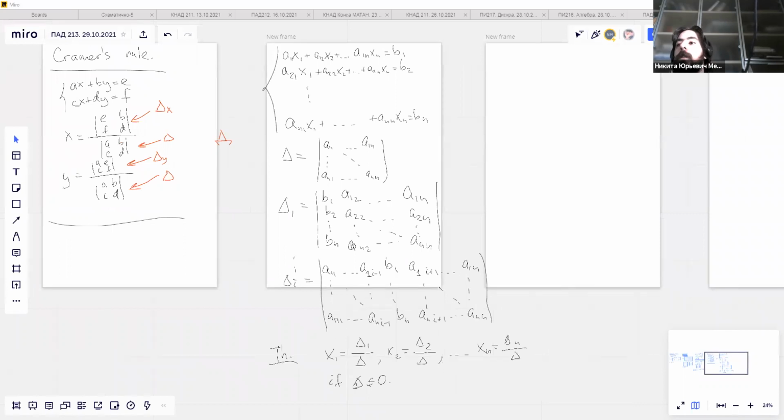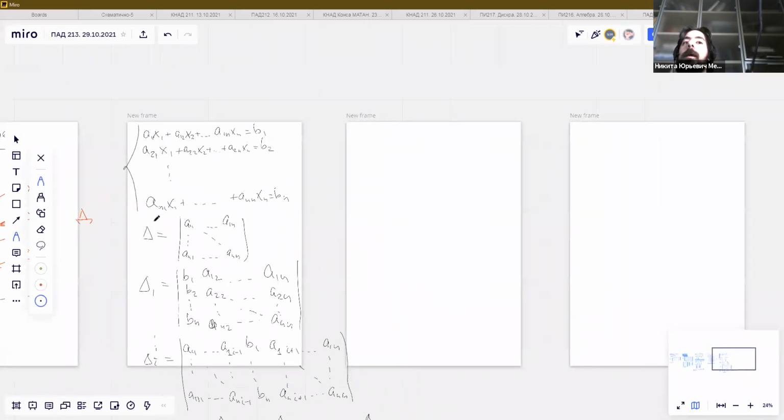If there are no questions at the moment, let me then write down a system of linear equations. Unfortunately, there are some problems with copying it, so let me simply rewrite.